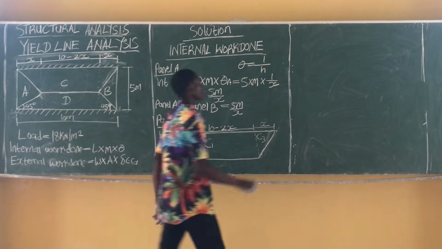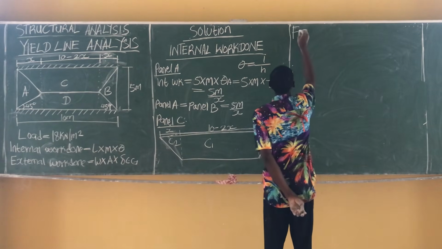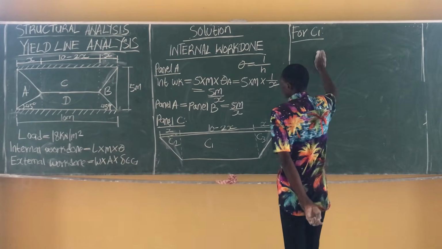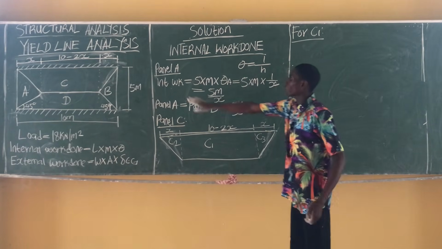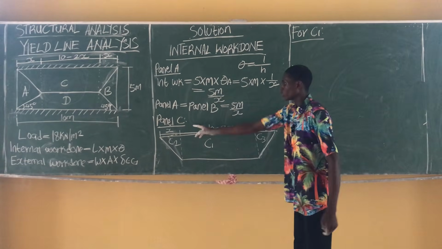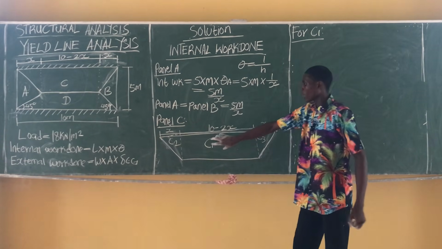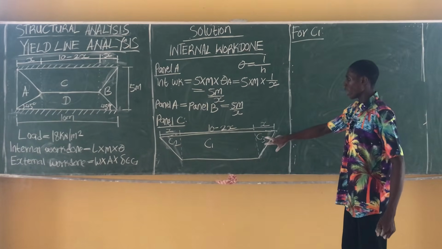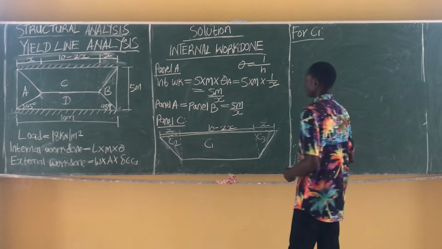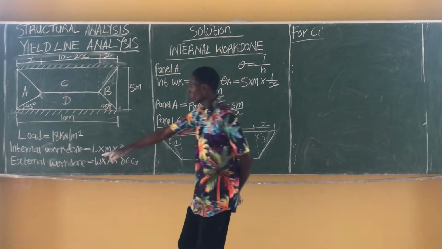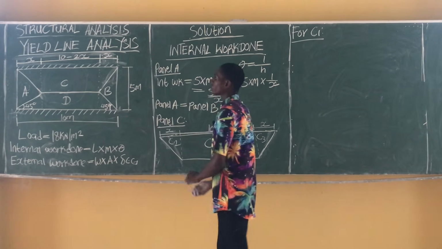So for C1, remember we are trying to get the internal work done for panel C, which will simply be the internal work done here plus the internal work done here plus the internal work done at this segment. For C1, remember, our internal work done is simply our length. What is the length?